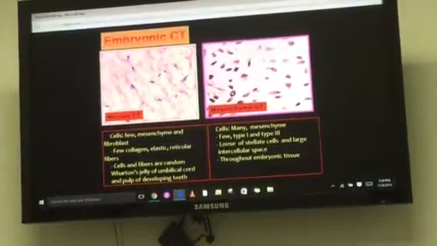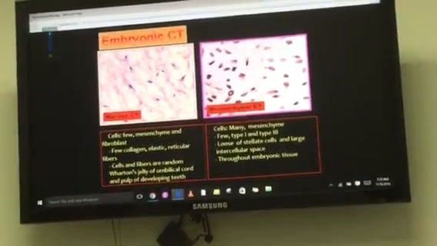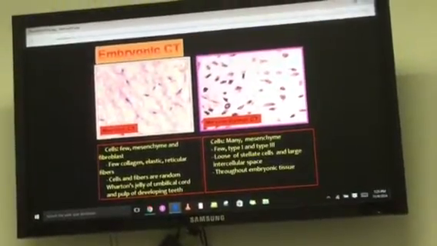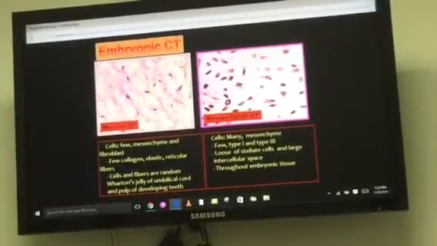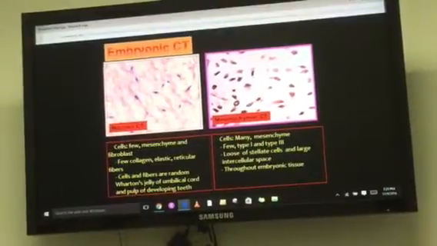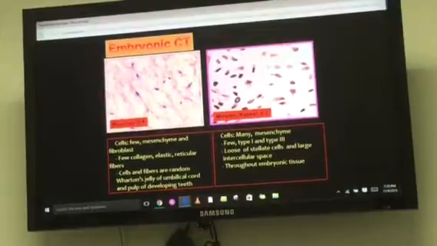Found in Wharton's jelly of umbilical cord and pulp of developing teeth. And then mesenchymal CT has many mesenchyme cells, few type 1 and type 3 fibers, loose satellite cells and large intercellular space, found throughout embryonic tissue.